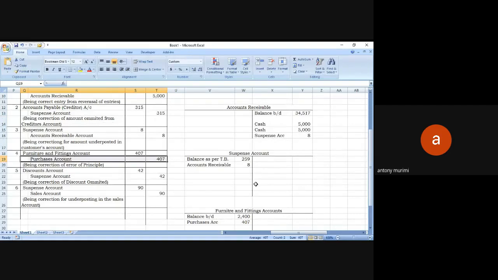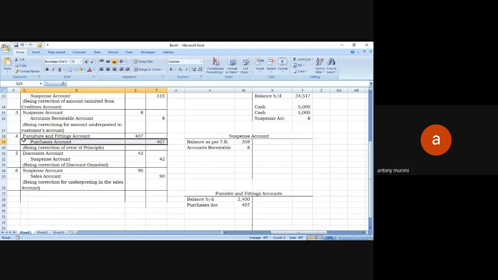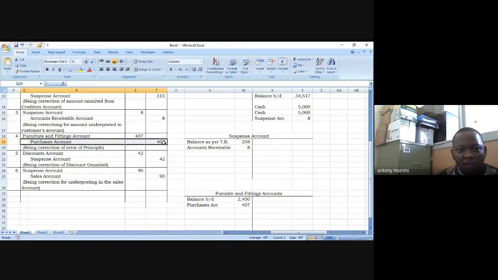What we shall do is prepare a statement of adjusted net profit where we shall put the purchases amount for correction. So as at now, we shall skip the purchase account correction. You shall have this when doing the statement of adjusted net profit.